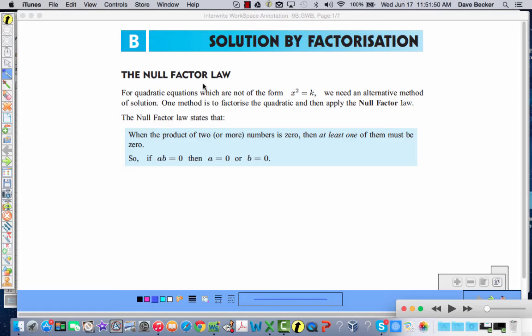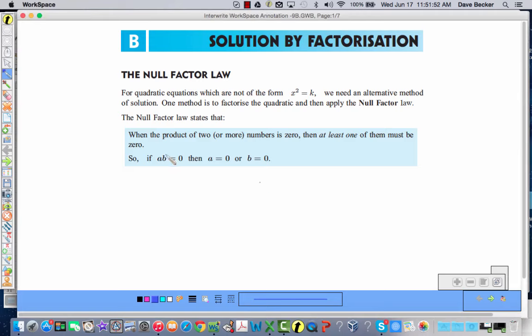And all that the Null Factor Law states is that if I am multiplying two numbers, a times b equals 0, one or both have to be equal to 0. It doesn't matter. Like if a was 7 and b was 0, 7 times 0 equals 0.